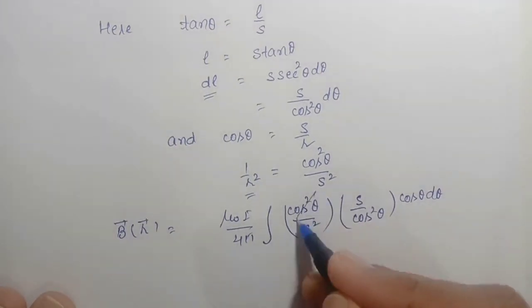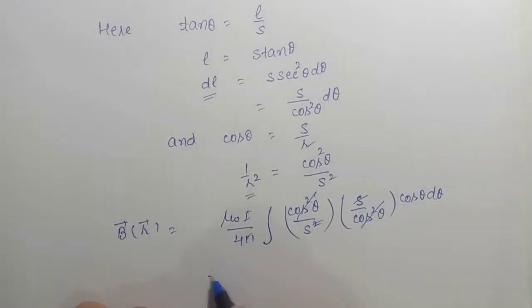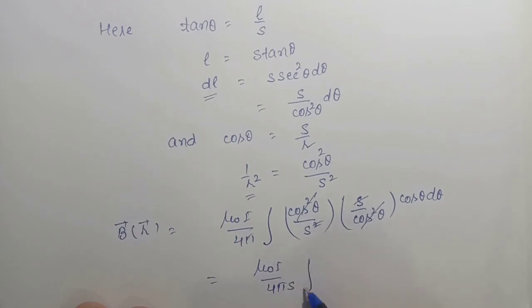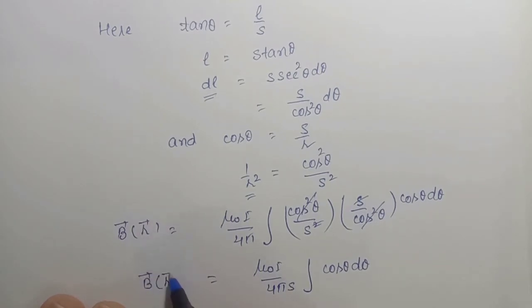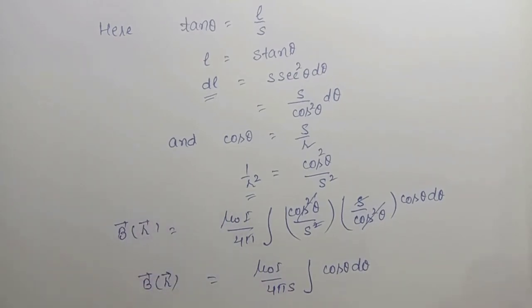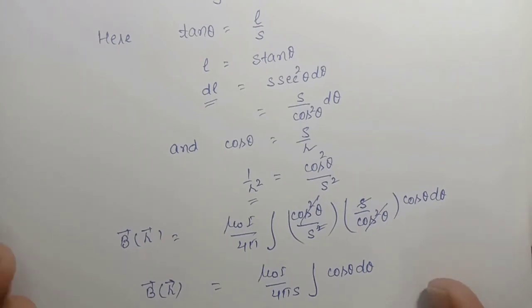So this cos square theta is cancelled with this, and S is cancelled with this. Then we can write mu naught I over 4 pi S, cos theta d theta. So this is the basic relation for the magnetic field at a distance S from a long straight wire carrying a steady current.